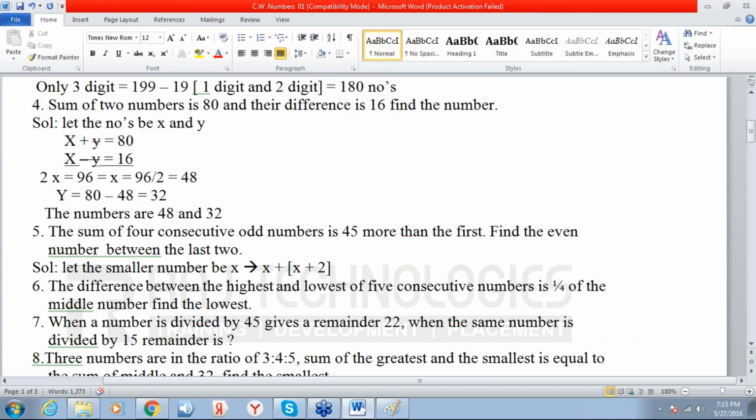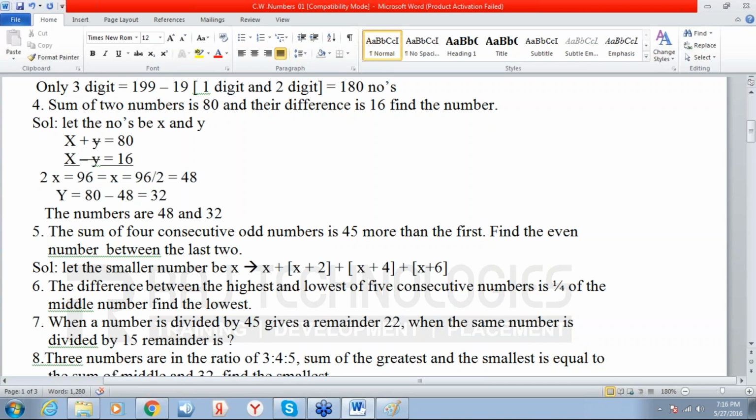So the next number will be 2 greater than the first, x plus 2. And the next number, x plus 4. Three numbers are completed and the other is x plus 6. This is the sum of the numbers.